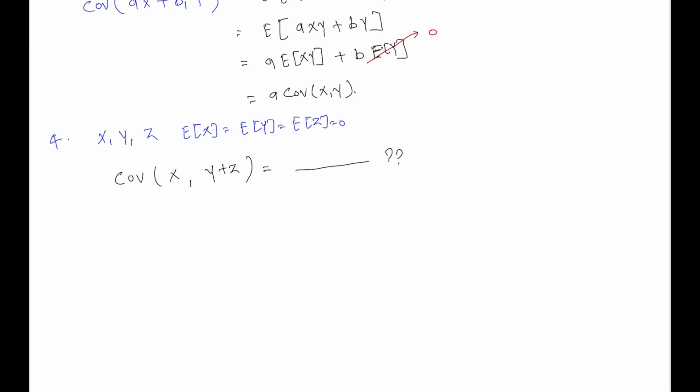So we can write this covariance as the expectation of the product, x times y plus z. If every variable has 0 expectation, we have seen that this covariance can be directly written as the product of the expectations.